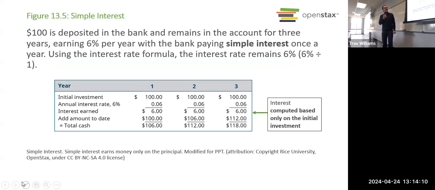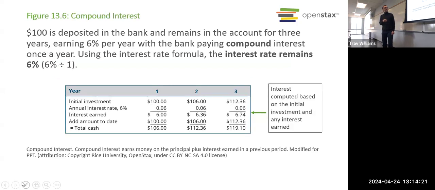We looked at how simple interest does not increase. It just stays the same in every period. But compounding interest increases. So you see that this investor gets $6 one year, $6.36 the next year, $6.74 the next year.